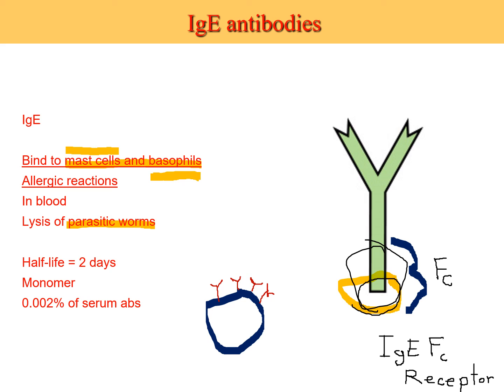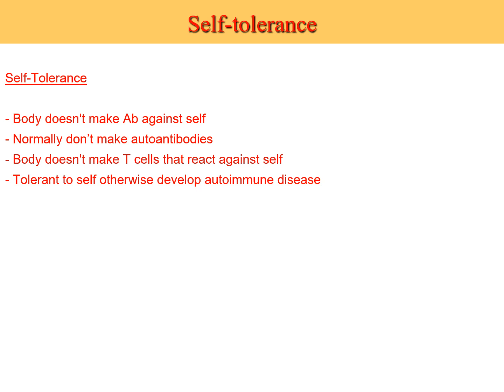Most of the world's population is, in fact, infected with parasitic worms. They're also, unfortunately, involved in some allergic reactions, these IgE class antibody molecules. Okay, this is the end of Lecture 17, Part 1.